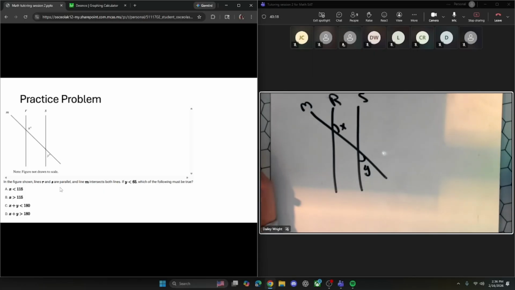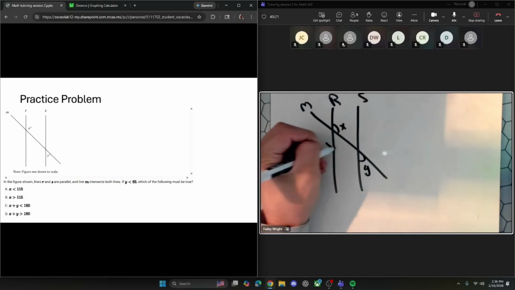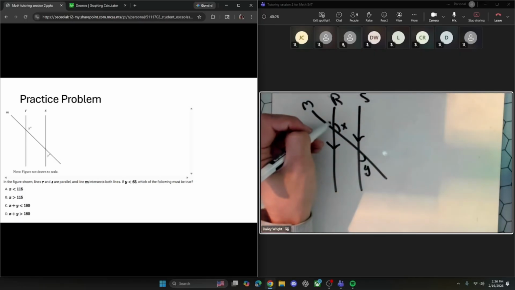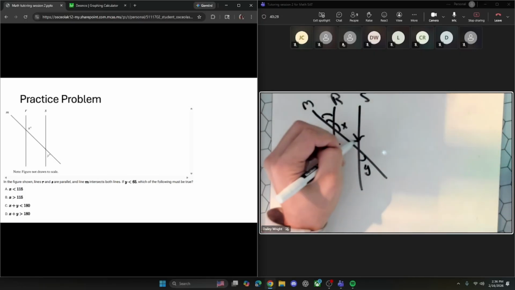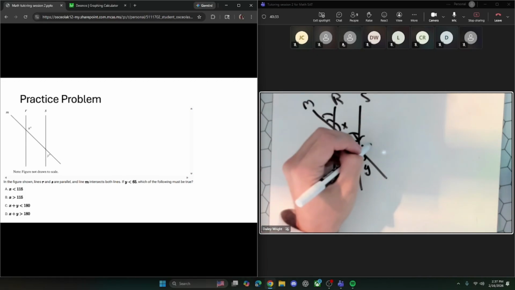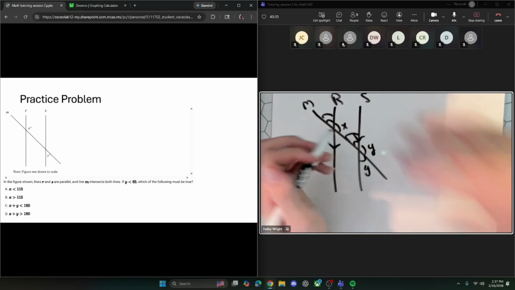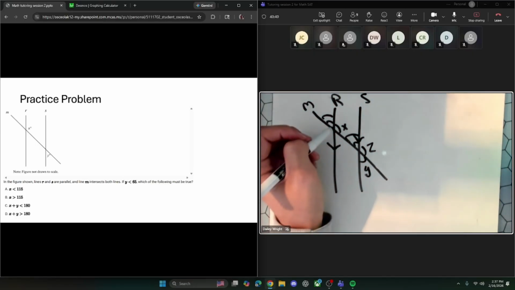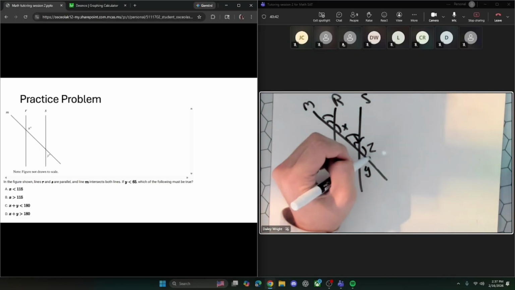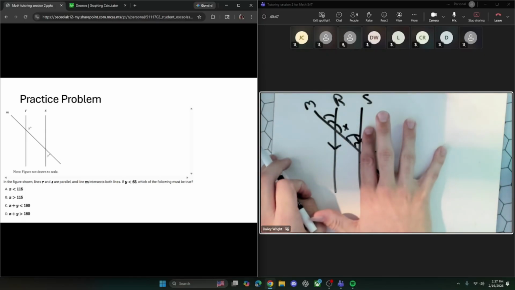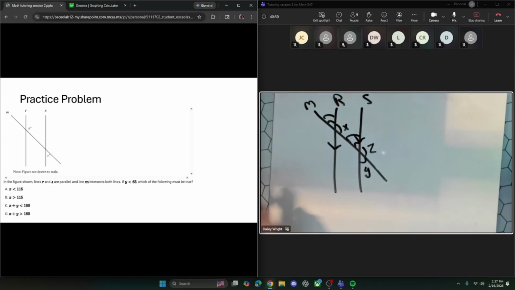So the important thing in this question is R and S are parallel, which means that M is going to be creating the same type of angles through R and S. So X would equal whatever this angle is. Not Y. Let's call it Z. So X equals Z, and Z plus Y, because we can see that this is a line by itself and M is just splitting these two, would add up to 180.